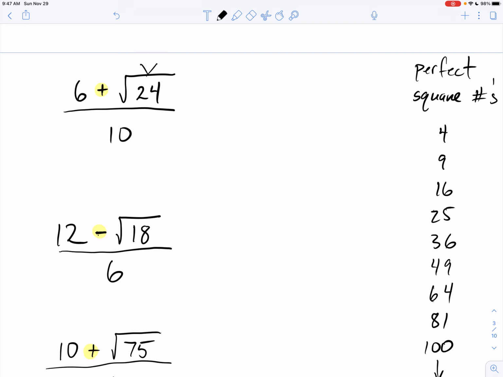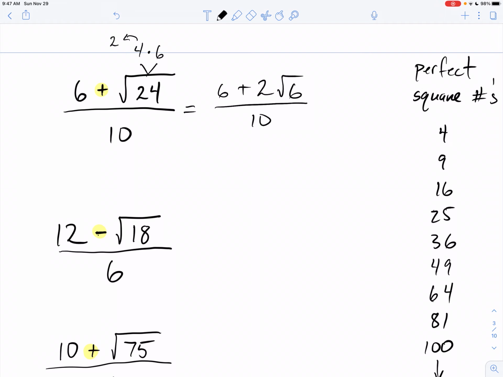I'm going to make a number tree, and I say to myself, the largest perfect square that goes into 24 is 4. 4 times 6 is 24, and the square root of 4 produces a 2. So this number can be rewritten as 6 plus 2 rad 6 over 10.